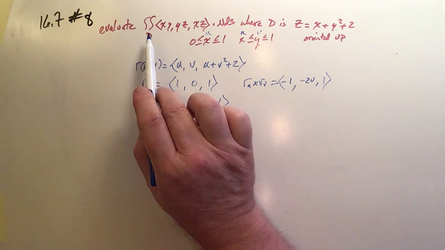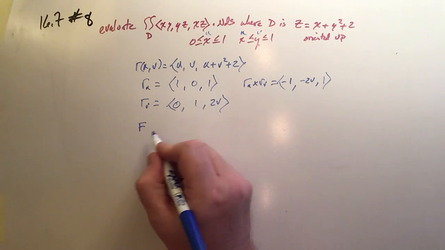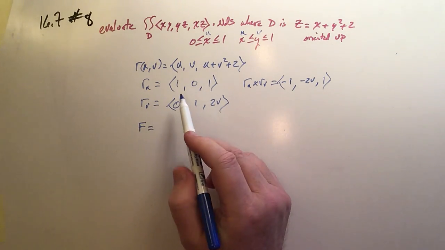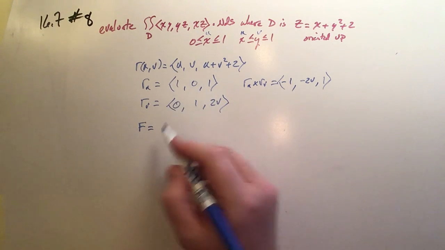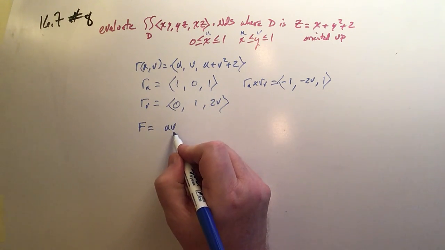Okay, well, we've got to convert our function F into these parameters. So this is a bit of a pain. We've got xy, which is uv.